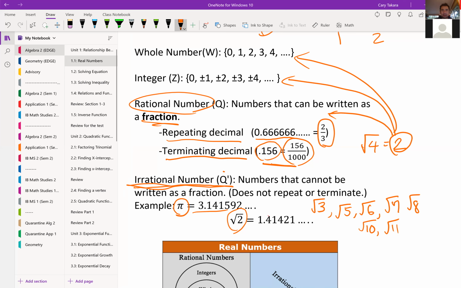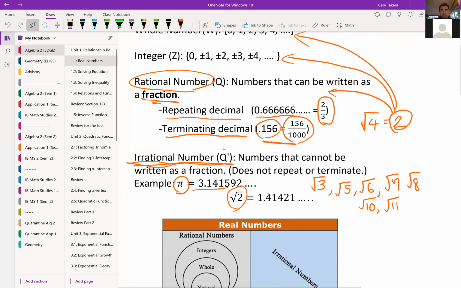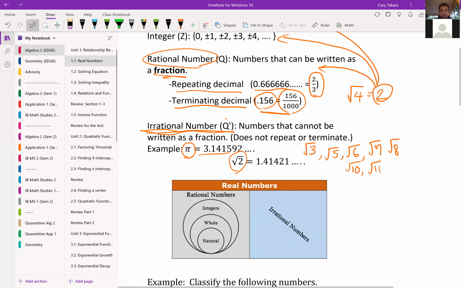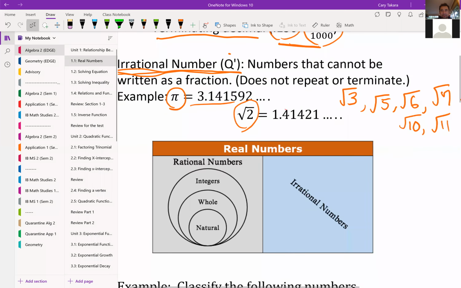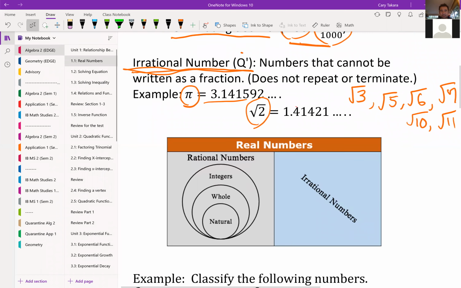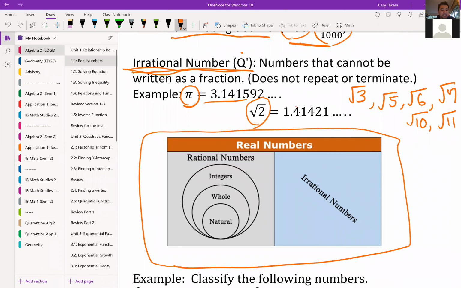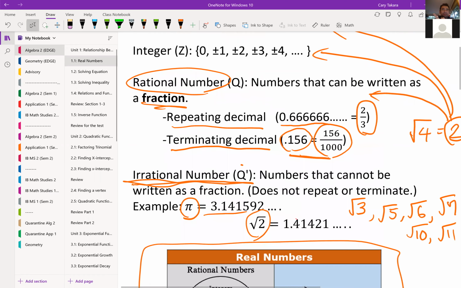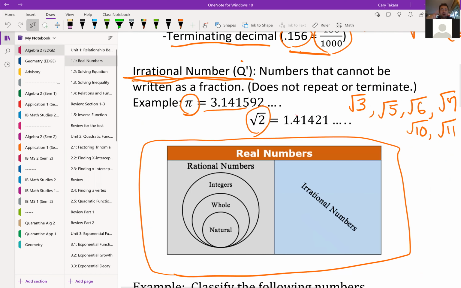So to show what we just talked about, here is a diagram representation. Natural numbers, whole numbers, and integers are all real numbers.